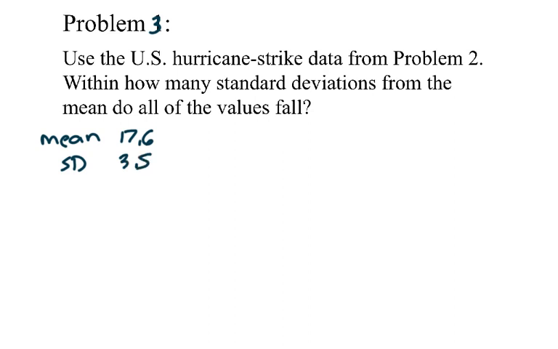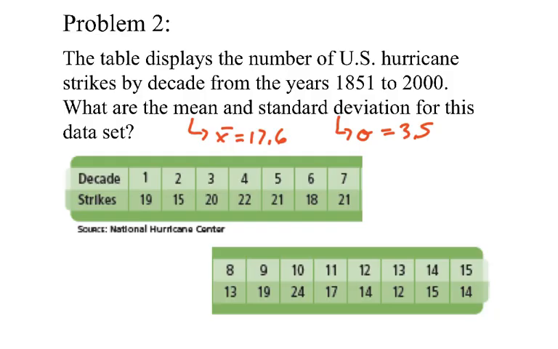So first, let's find the boundaries of within 1 standard deviation. So if I have 17.6, and I add 3.5, and 17.6 minus 3.5, my bounds would be any value that is between 21.1 and 14.1. All right, so let's go back and find out how many of our data fit between 14.1 and 21.1.